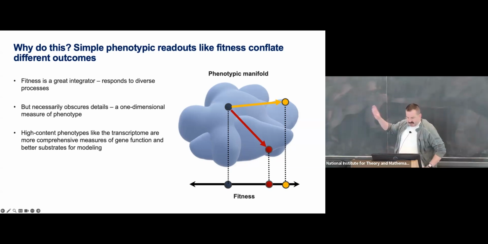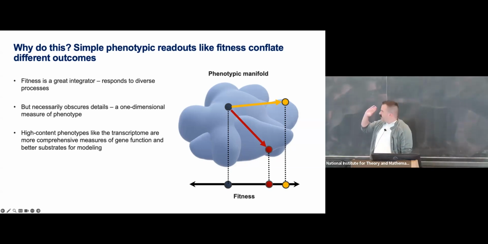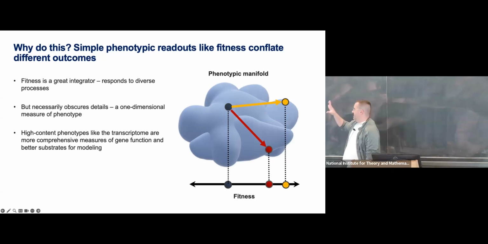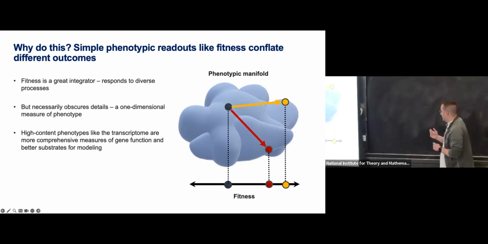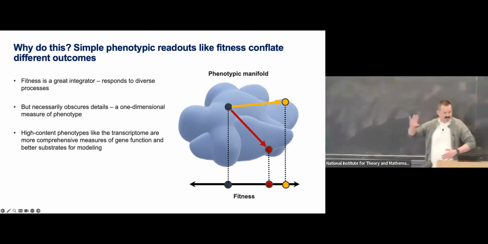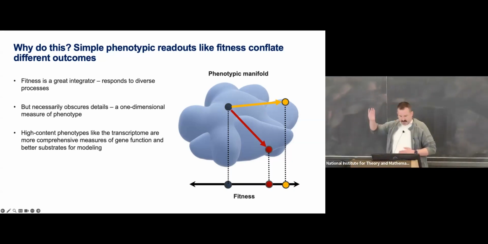But the challenge is, we all know that cell state is a much more complex beast. So I'm visualizing it here as this abstract manifold. And when we do a fitness screen, we're taking that complexity and compressing it down onto a line, so that things that may be very different in this higher dimensional state space end up very close to each other. And so we're throwing out a lot of information.